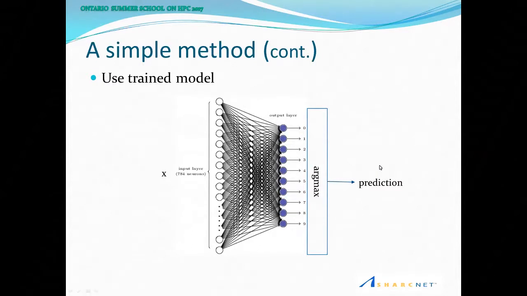All right. Once we trained the neural network, we can use the trained model by simply passing an image to it, and then we get 10 outputs here, and we choose the one that has the largest value and output its index.